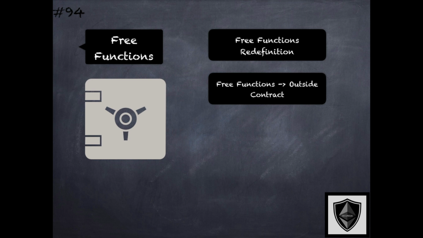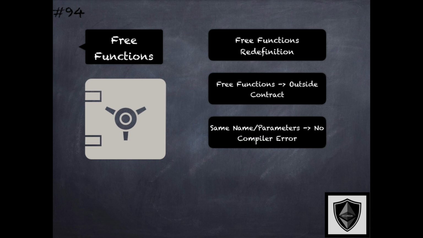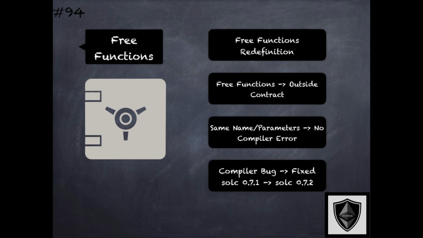And this compiler bug allowed such free functions, more than one of them, to be declared with the same name and parameter types. This redefinition or collision was not detected by the compiler as an error. And this bug was present in one of the recent versions, 0.7.1, and fixed in 0.7.2.